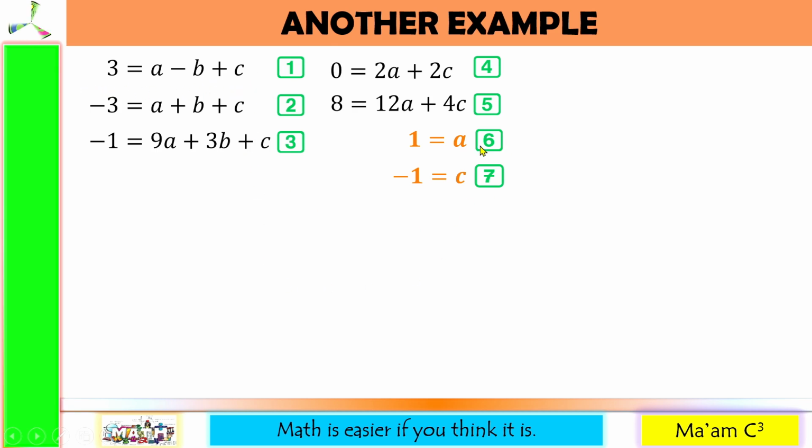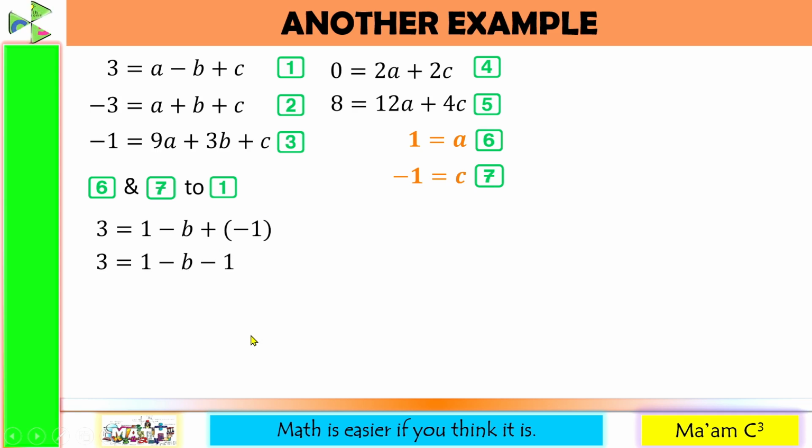So let us substitute 6 and 7 to equation 1, meaning I'm going to substitute 1 for A and negative 1 for C. Positive negative will become negative 1. And 1 minus 1 will simply cancel out. So this means 3 is equal to negative B. Or by dividing both sides by negative 1, this will give me B is equal to negative 3.